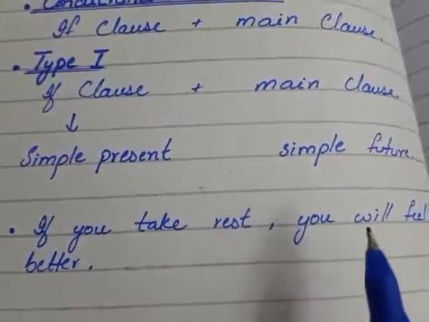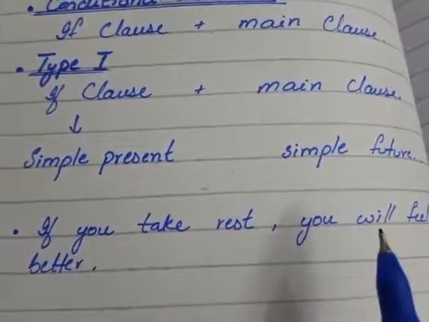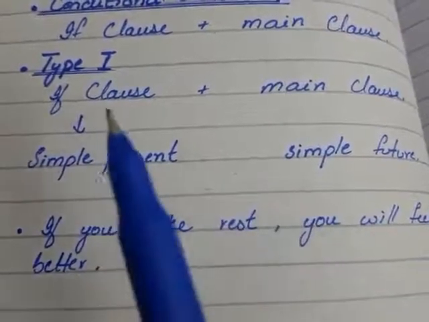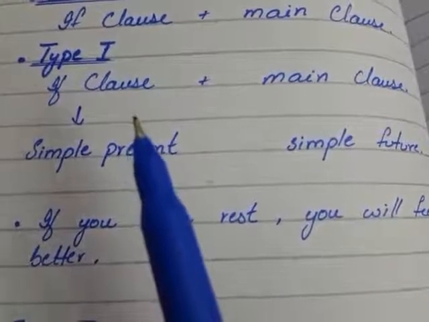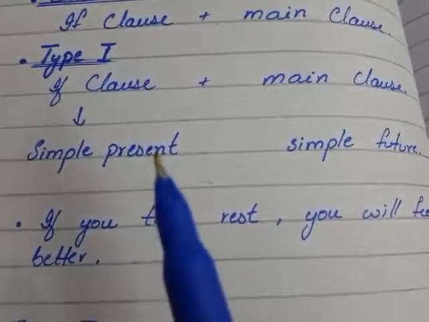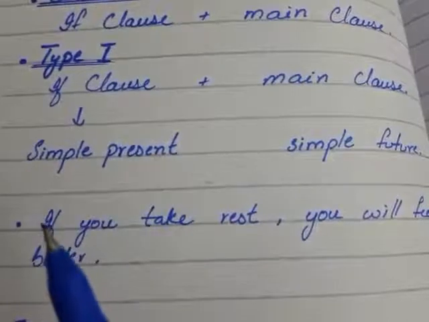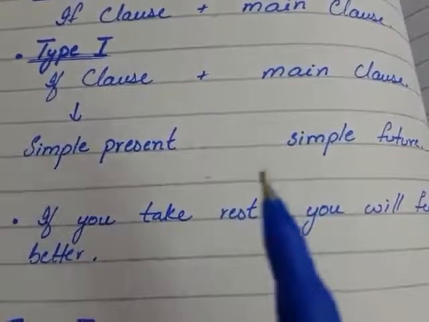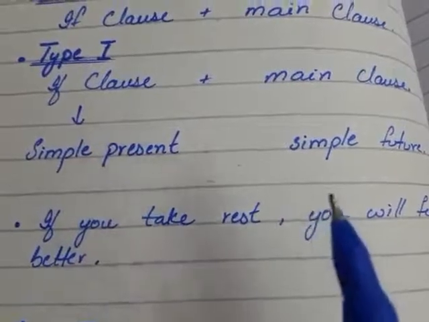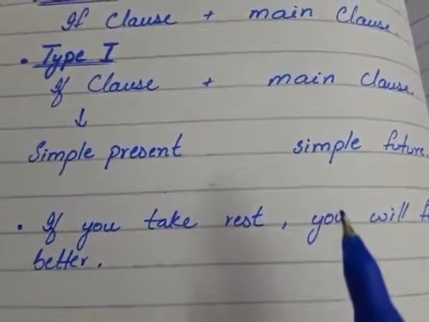It's not sure that that is going to happen or not. So conditional type 1 is used to express a situation in which the outcome is likely to happen in the future, but still it is not guaranteed.